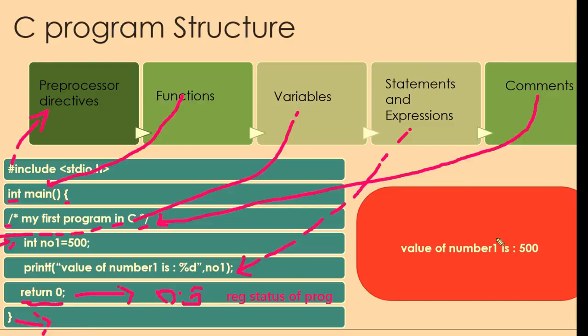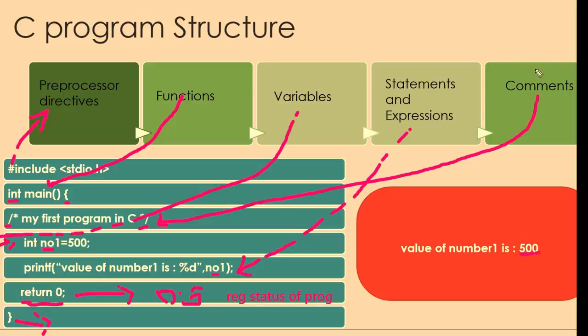So the output of this program is whatever is inside the printf statement: the value of number1 is, the same as it has printed over here, the colon, and since I have passed this number1 over here, and I have declared the value of number1 as 500, it will print 500 here.